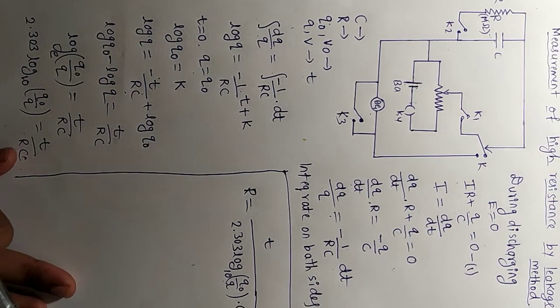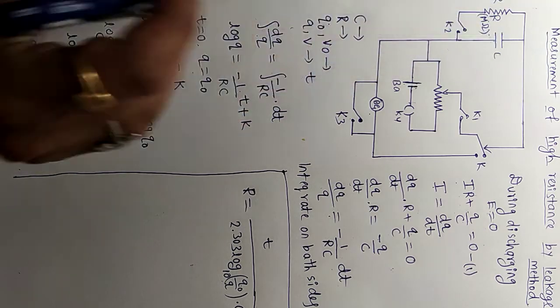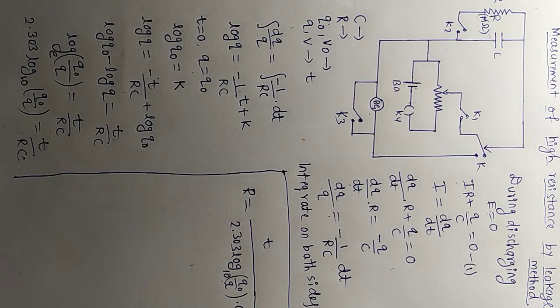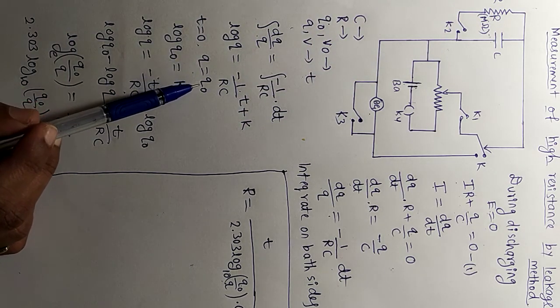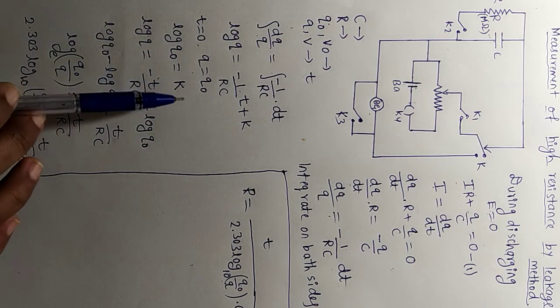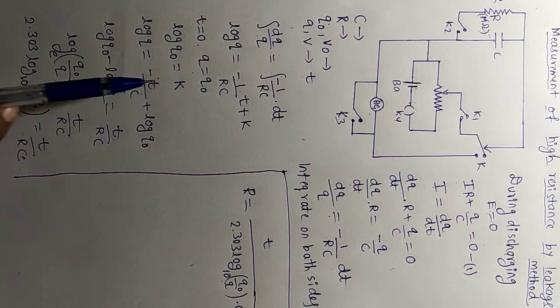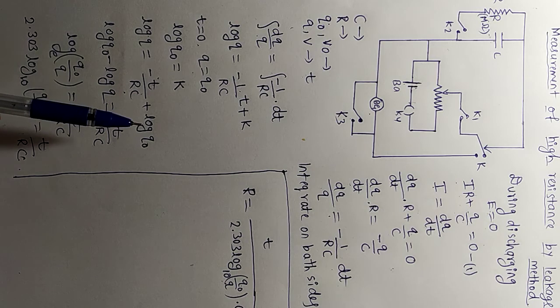At the time before opening the key, the maximum number of charges will be there in the capacitor, so the Q value becomes Q0. If you substitute that, log Q0 is equal to K. So the K value becomes log Q0. Substituting in the main equation, we get a new equation.